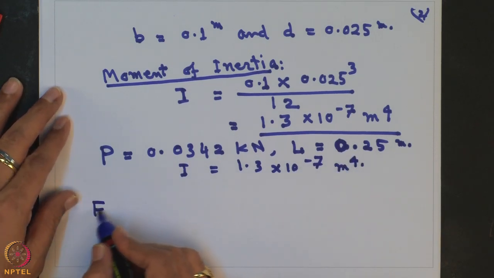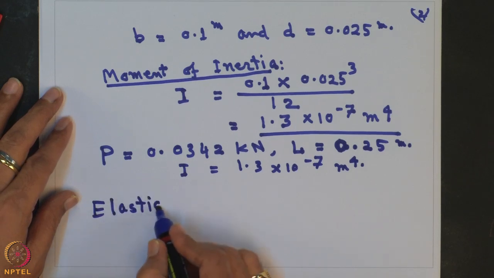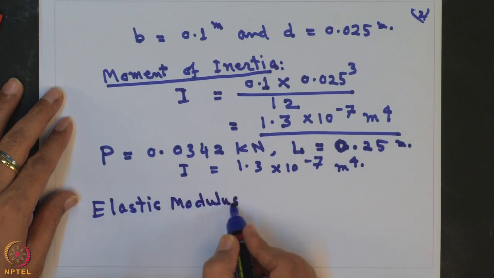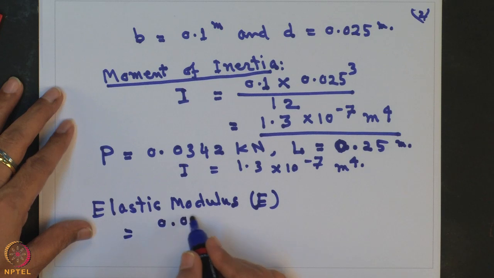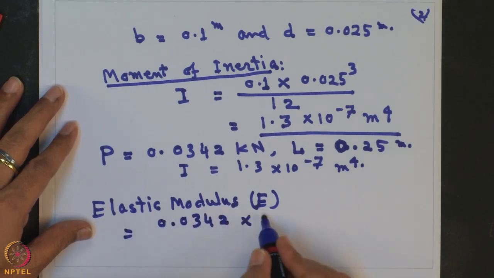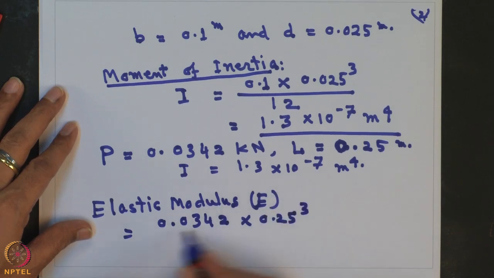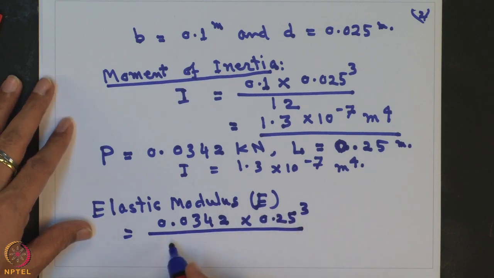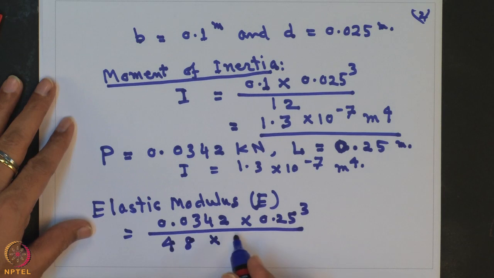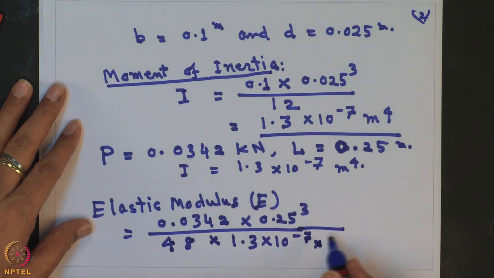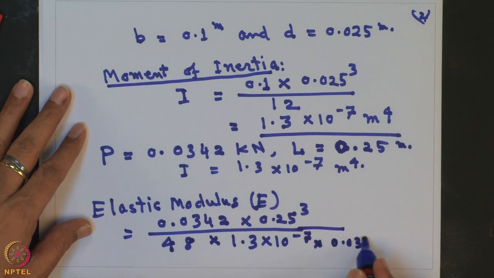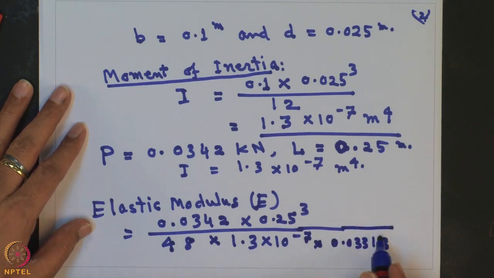So, you can calculate the elastic modulus, designated as E. E will be equal to P L cubed, that is 0.0342 into 0.25 cubed, divided by 48 into 1.3 into 10 to the power minus 7 into 0.03313.